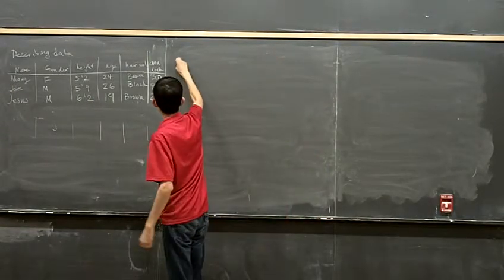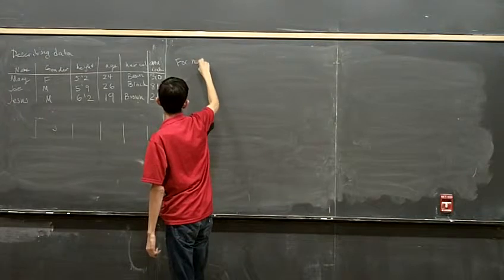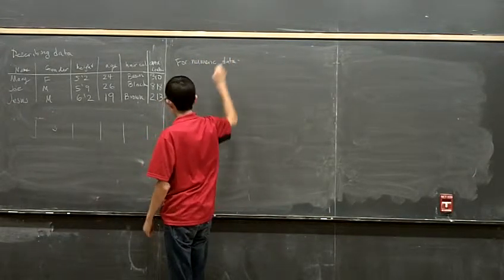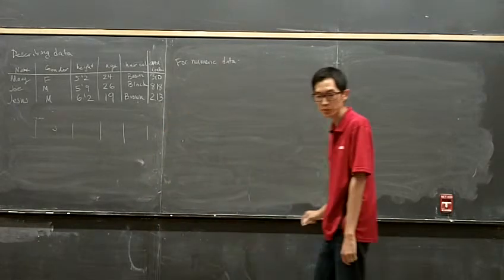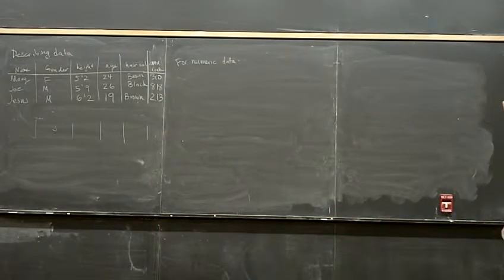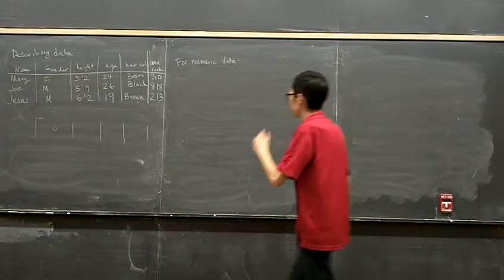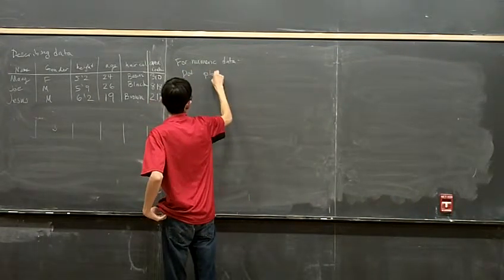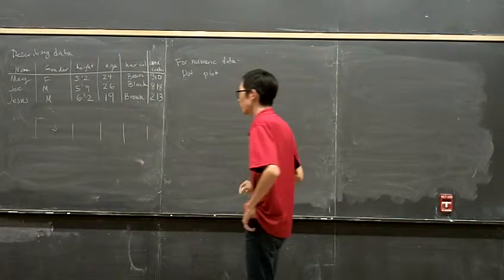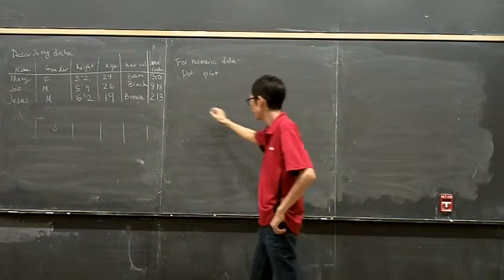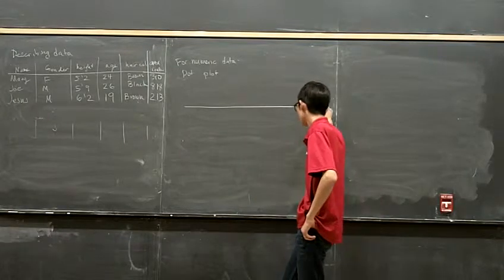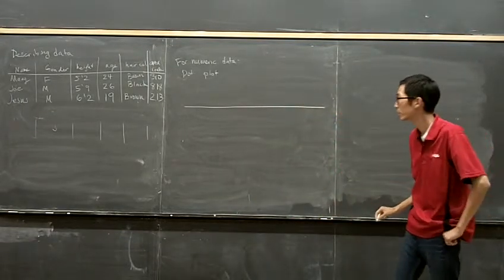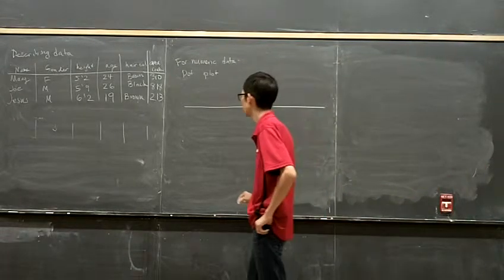So for numeric data, we've got a few different tools. Okay. One is the dot plot. So with a dot plot, you first have to make a number line. Okay.